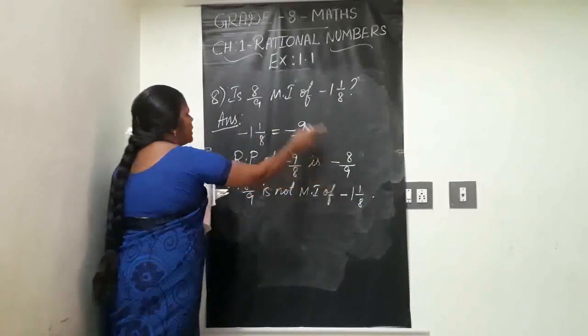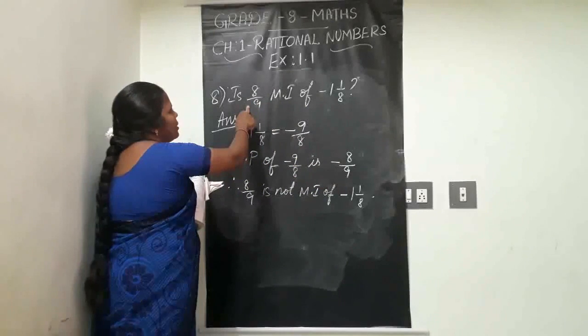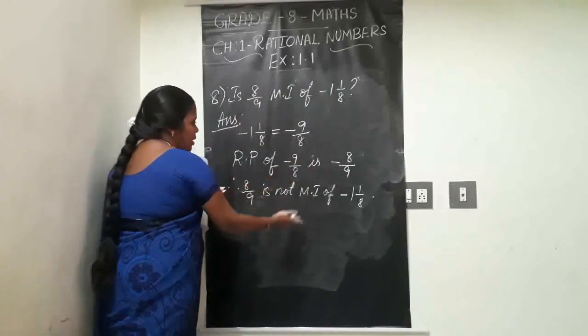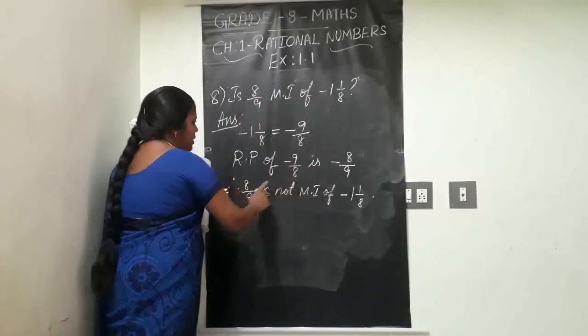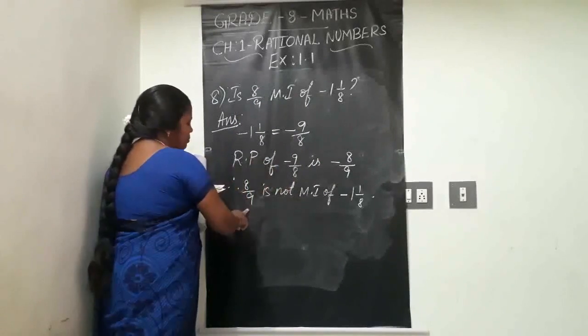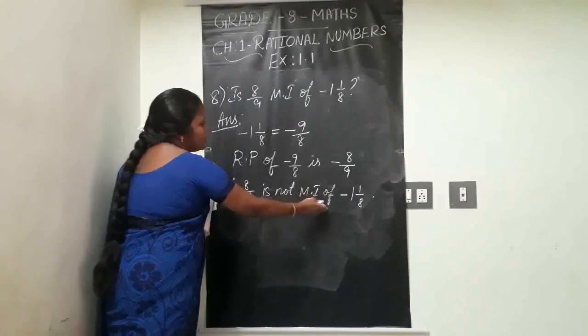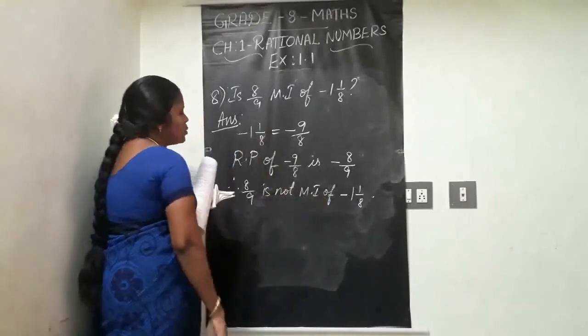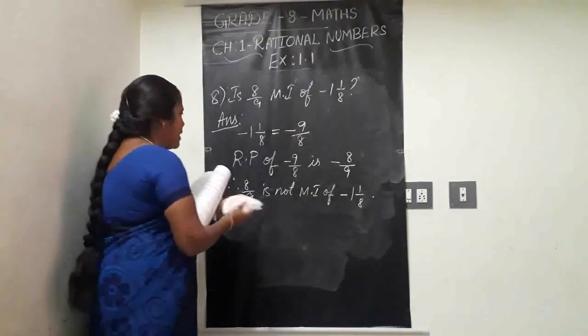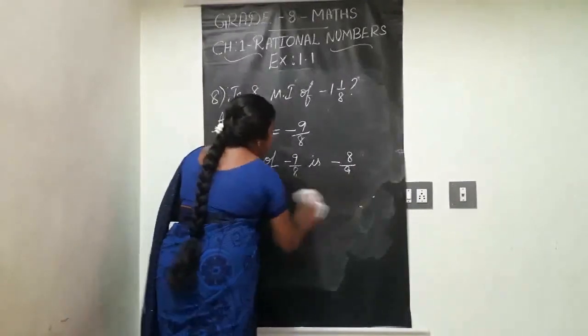With that, I compared the given 8 by 9. Both are not equal. So I have decided the given plus 8 by 9 is not the reciprocal, that means multiplicative inverse, of the given number minus 1 by 8. Another method also is there.